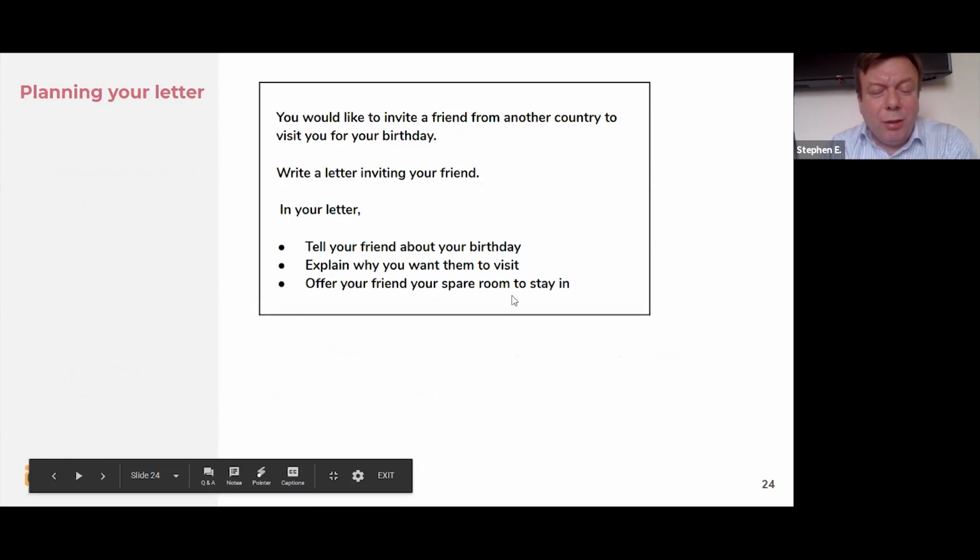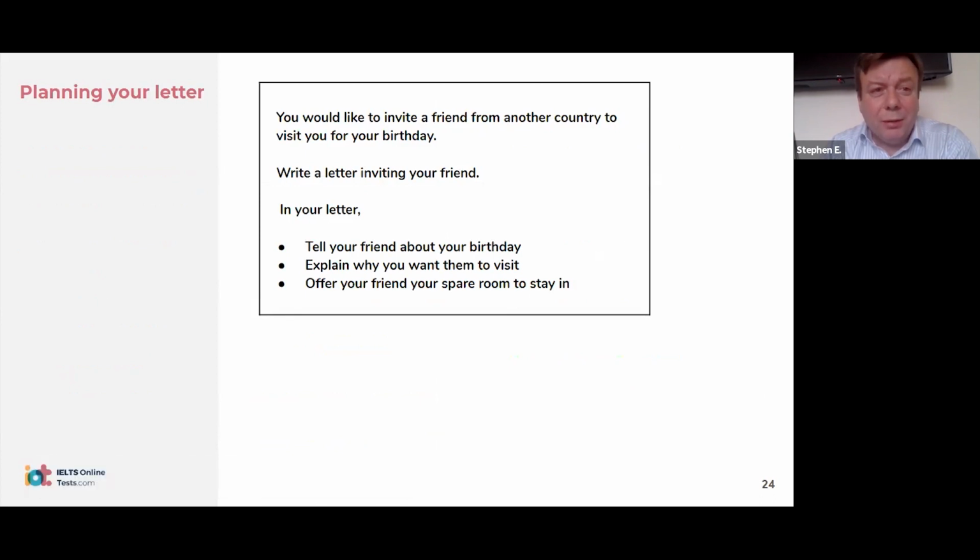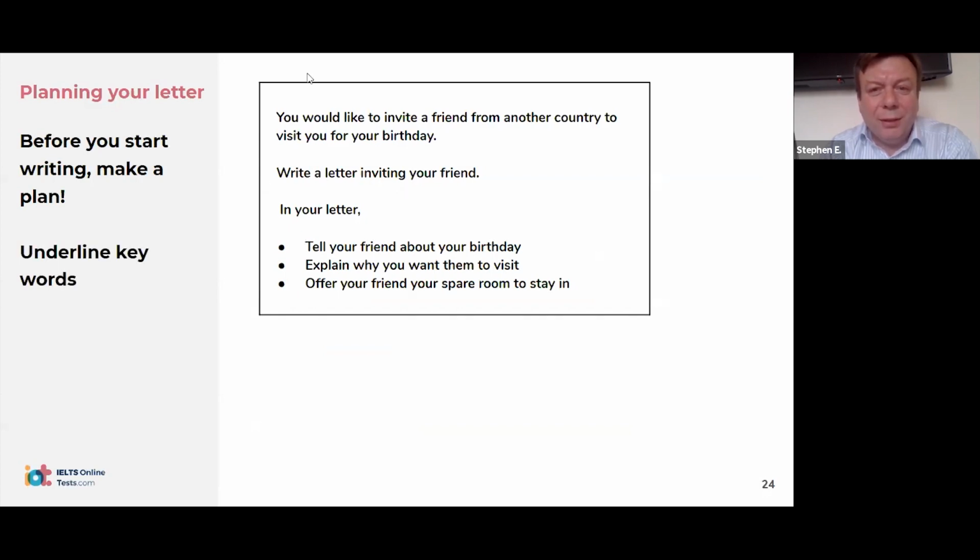So you need to plan your letter. Make sure you have a clear plan. Underline the key words. What would you say are the key words here? Yeah, invite friend from another country, birthday. What else?